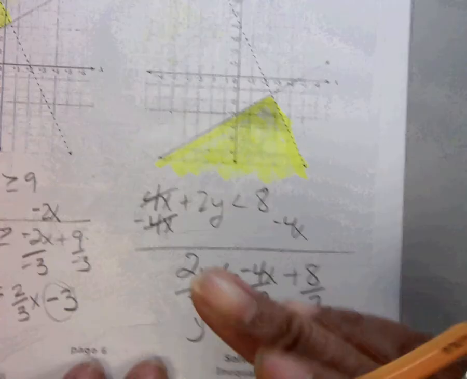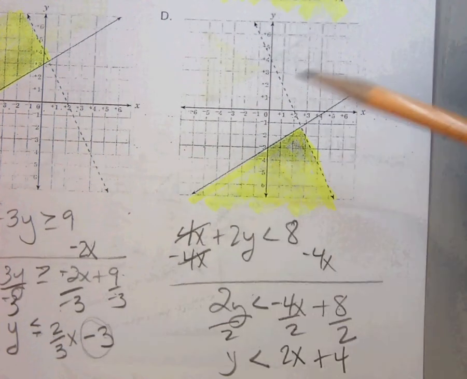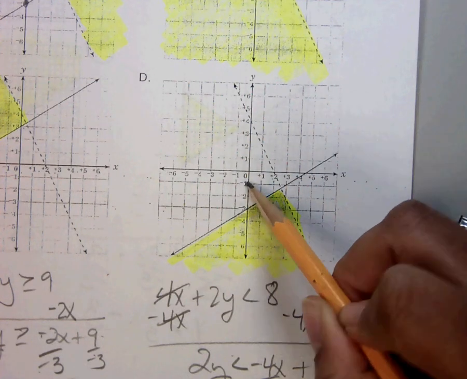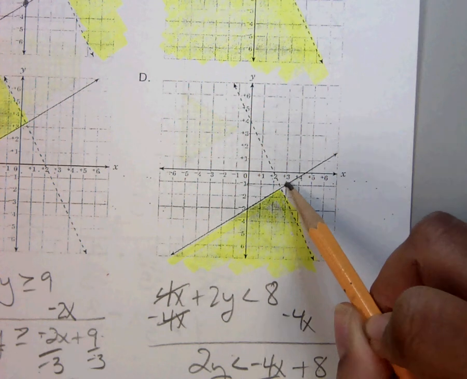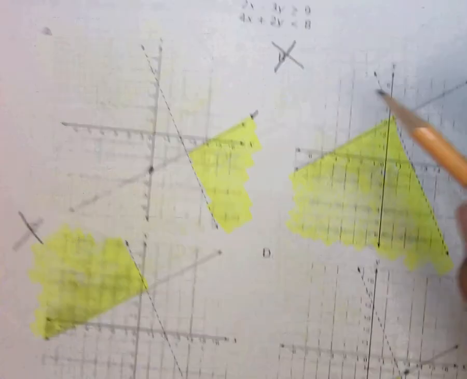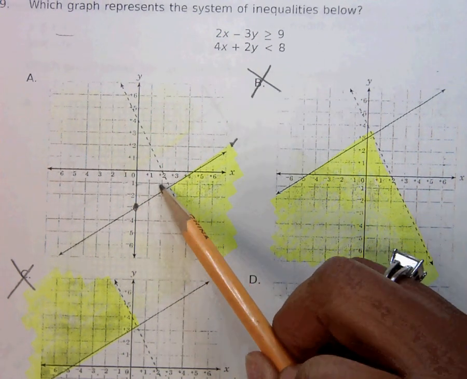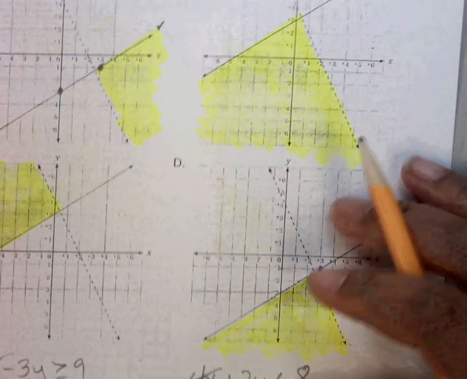Okay, so we can check the slope. Up 2 and to the right 3. So up 2, 1, 2, to the right 3. 1, 2, 3. Yeah? Let's check the other one. Up 2, to the right 1, 2, 3. Oh, yeah. Still got 2 choices.